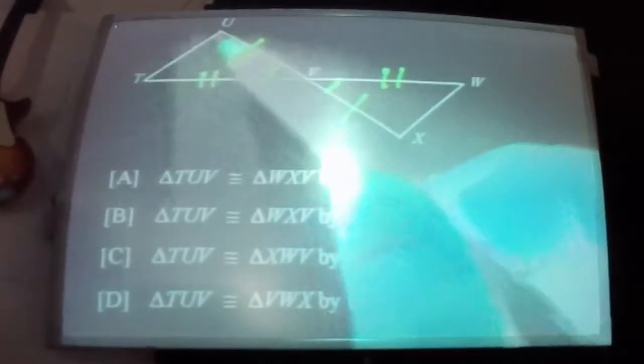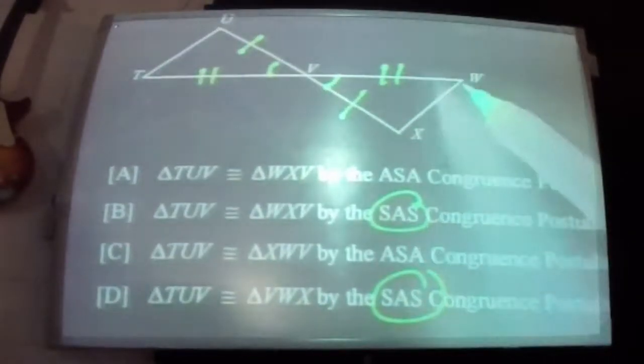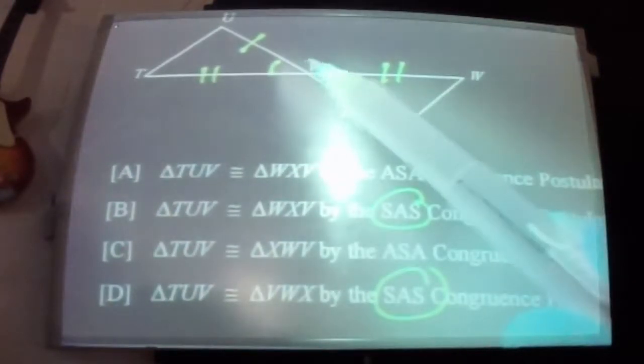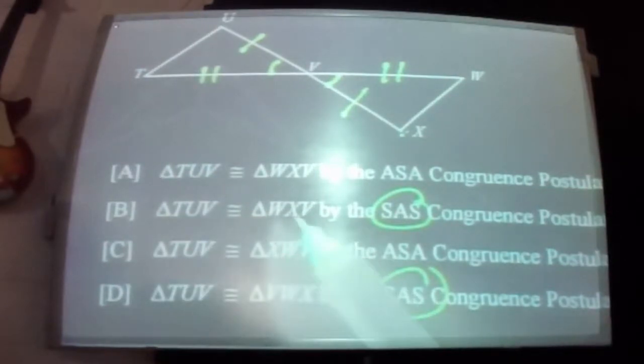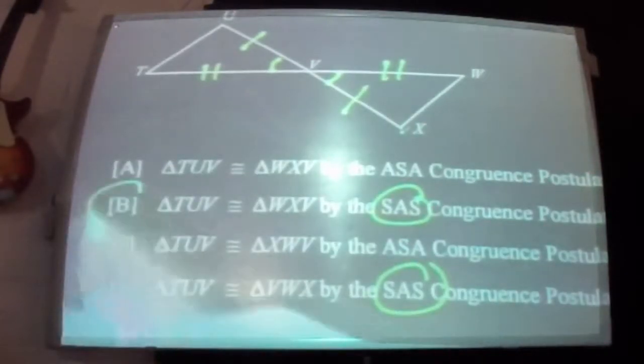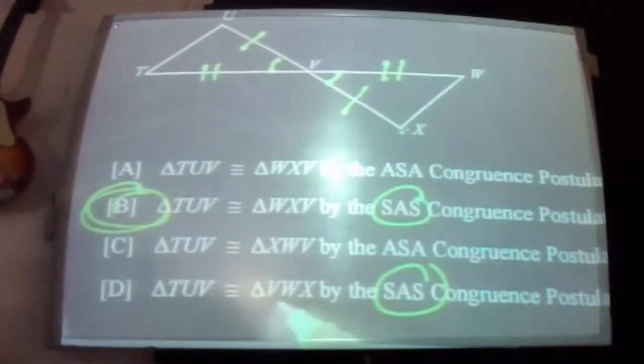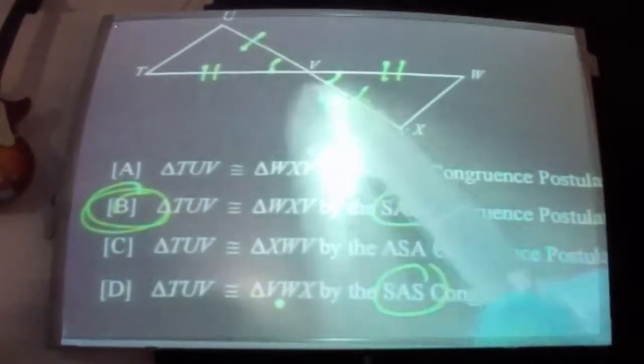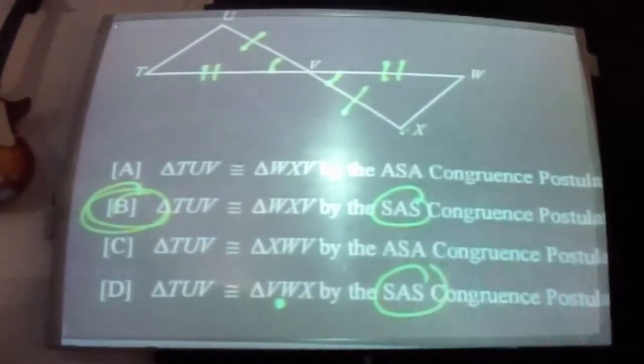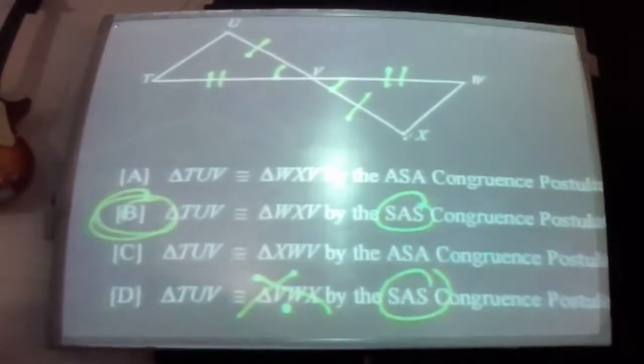So when we go TUV, we should be going from W to X. So we want to go WXV. So TUV, WXV. So it's this one. If you went TUV, you shouldn't start your next triangle off at V. TUV, then VWX. So that's not it. That's close, but the order was wrong that they put those in.